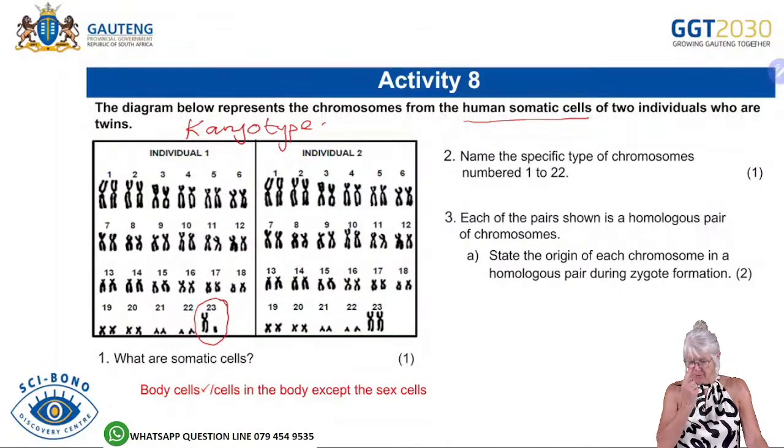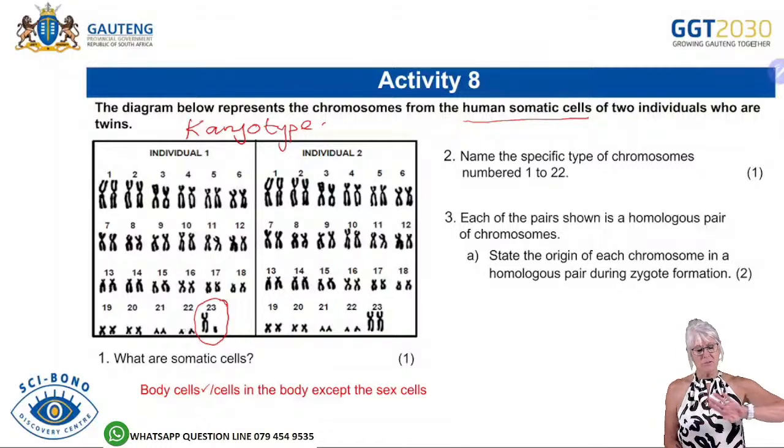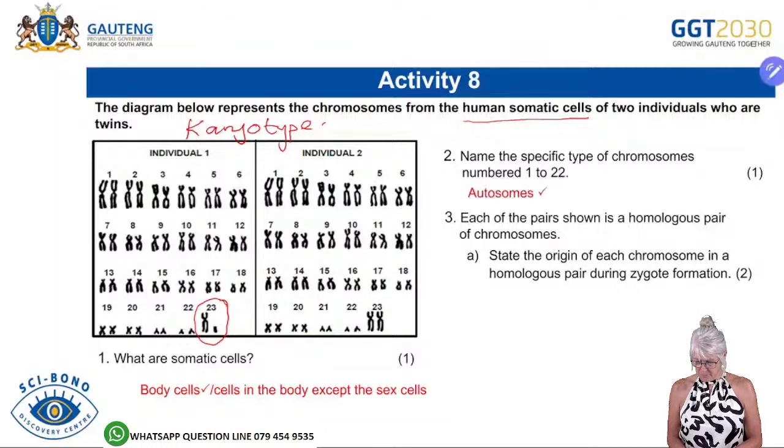We call those gonosomes because they are the sex chromosomes. Now all the others, from pair 1 right up to 22, they are known as the autosomes. They have nothing to do with determining sex or the gender of the individual. So those are known as the autosomes.